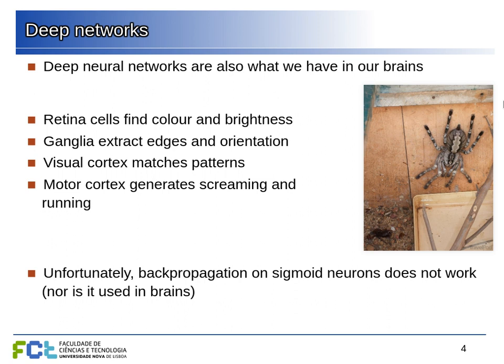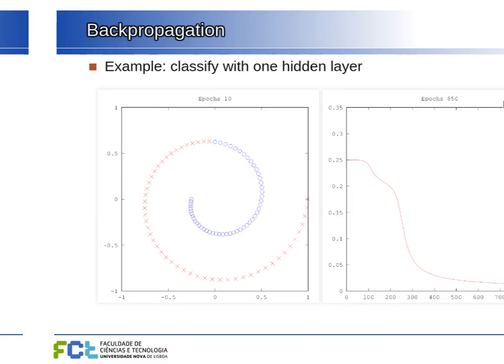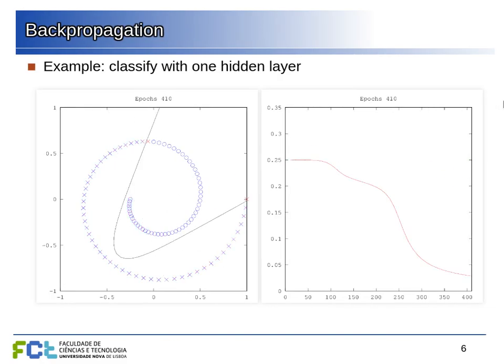Now, this is not very surprising because backpropagation is a very artificial algorithm, which is certainly not what our brain is using. So our brain is not trying to minimize the error function by going down the derivatives of the function and so forth. But it's a problem because this is a very good algorithm that we have, and when we try to do backpropagation on these kinds of nonlinear neurons, we have these difficulties.